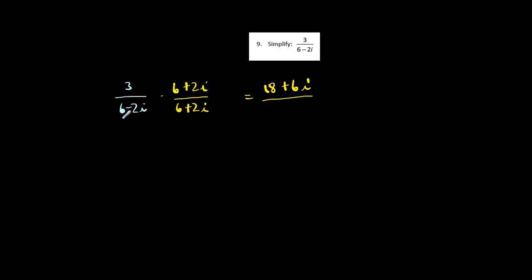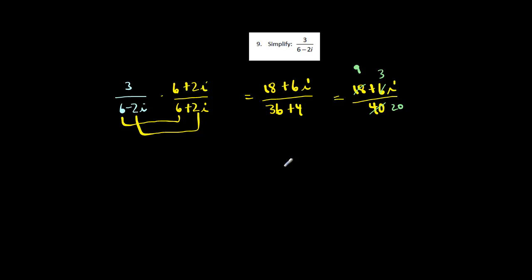The denominator, they're conjugates, so I'm going to multiply the F, which is 36, and then the L is -4i squared, which is positive 4. So 18 plus 6i all over 40. And that can be reduced by a factor of 2: 9 plus 3i all over 20.